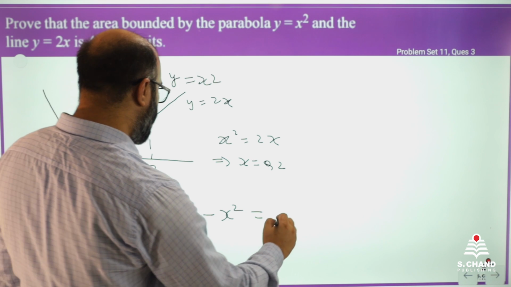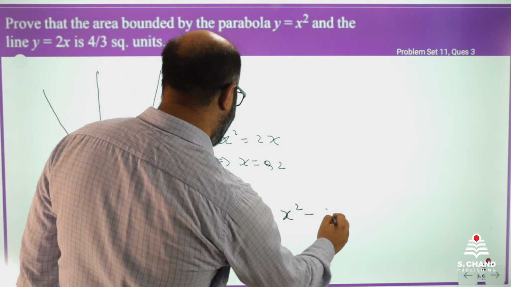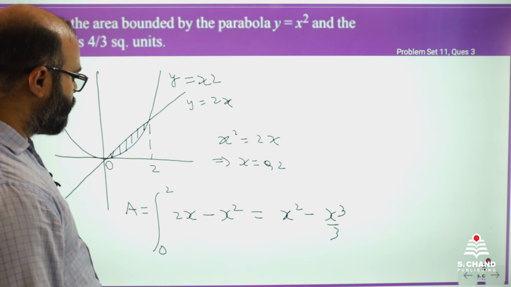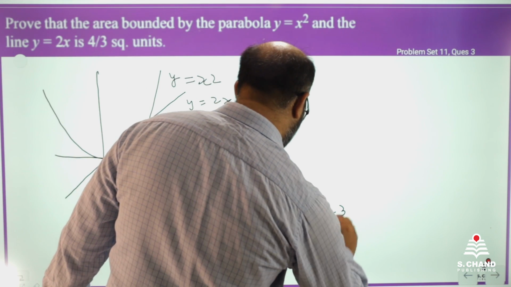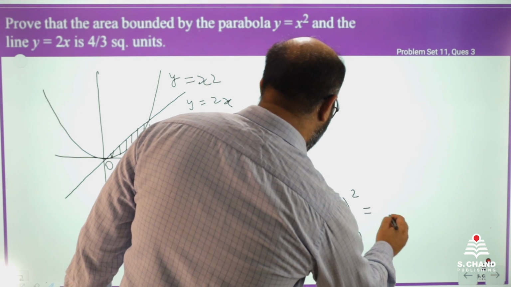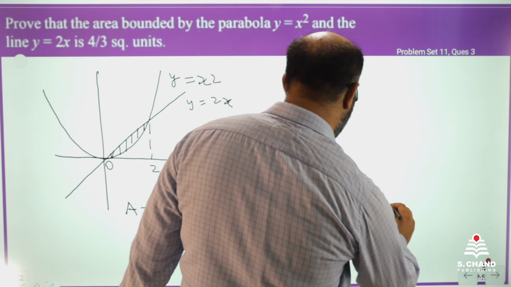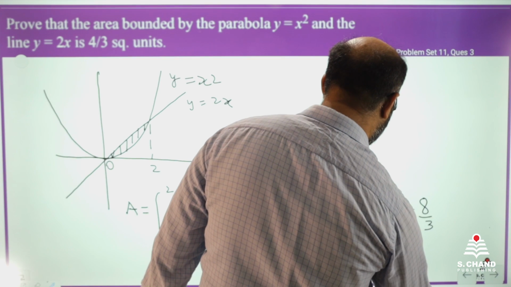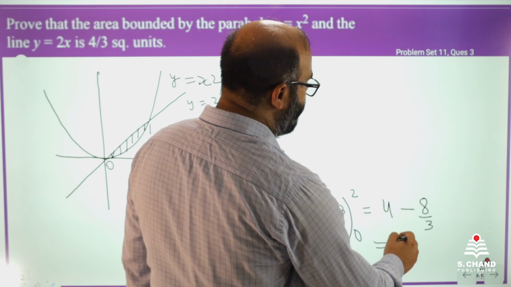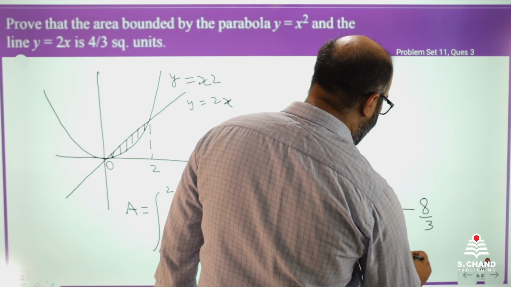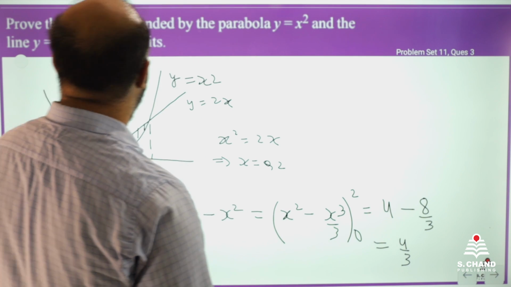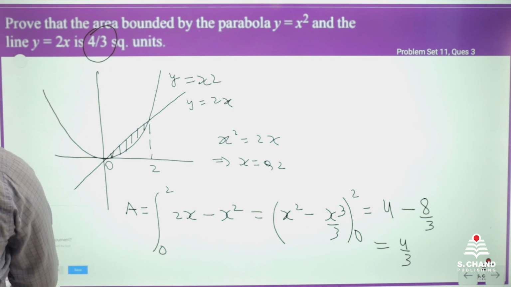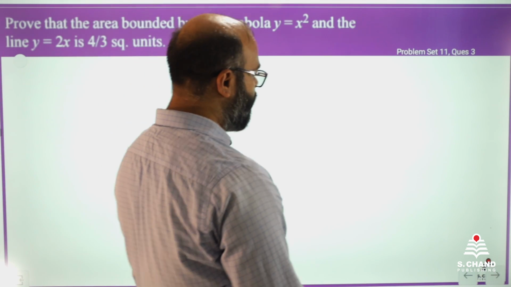Now this will give you x square minus x cube by 3 after integration from 0 to 2. So this will become 4 minus 8 by 3. So this will become 4 by 3 finally. So this is what we had to prove, that it is 4 by 3 square units, which we have proved.